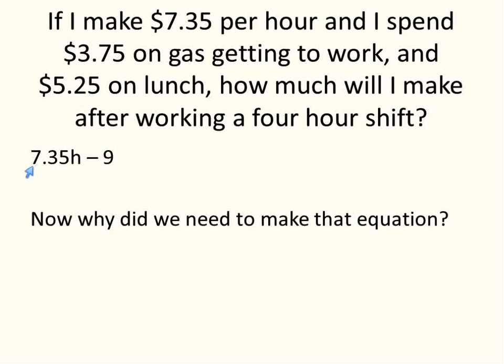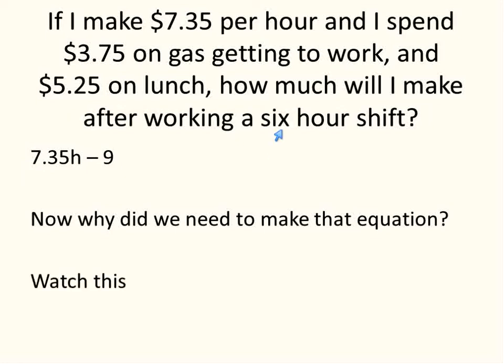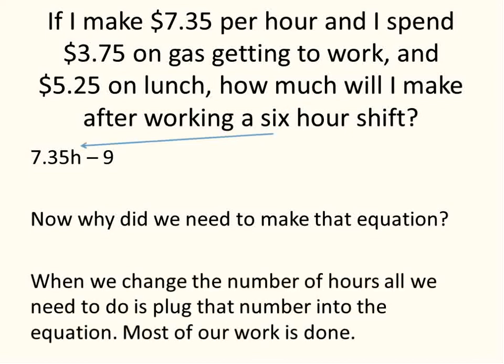But if we write this equation, now we have something that will help us no matter what. Watch this. The only thing I changed was that you work for 6 hours instead of 4. And you can take that 6 hours now and plug it straight into the equation. So you can actually save yourself a little bit of time. Let's say you work for 10 hours, plug that in.